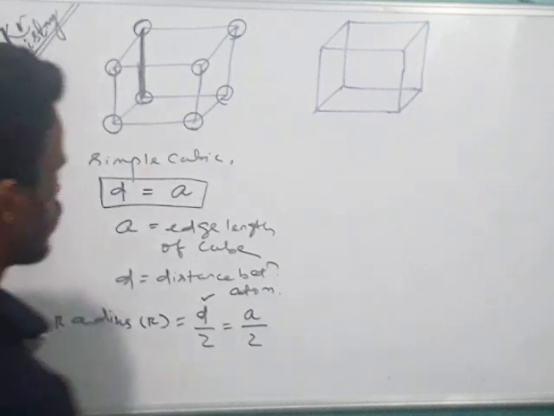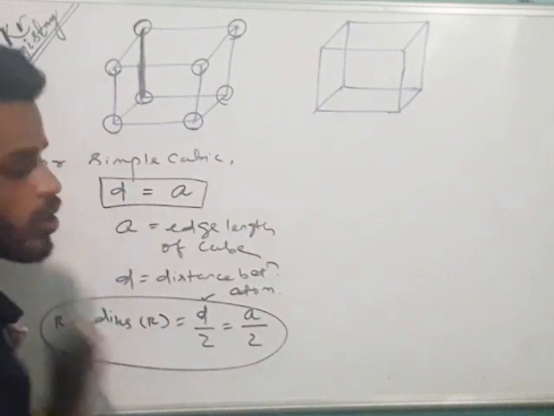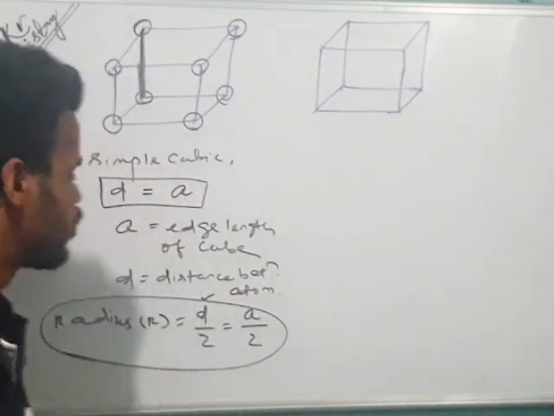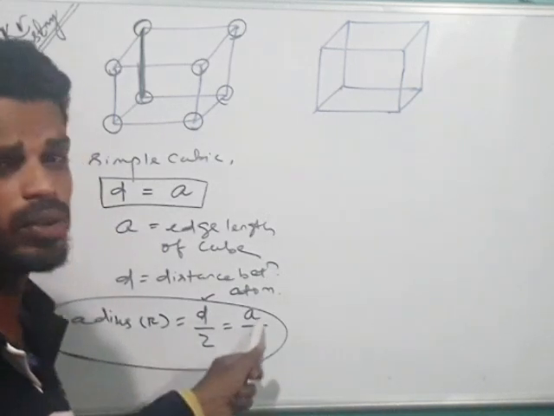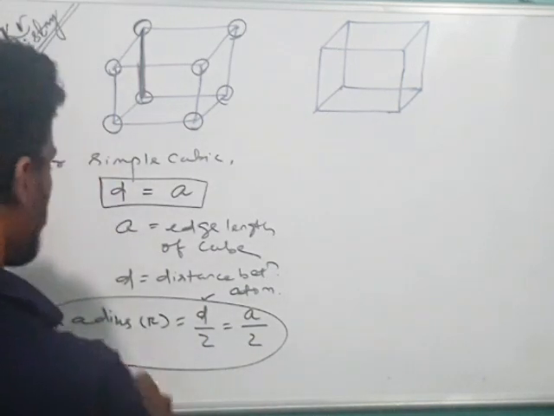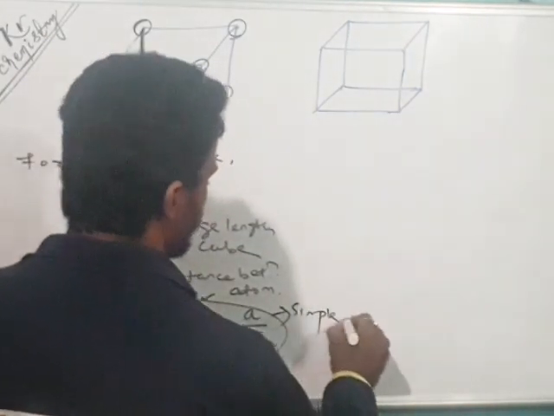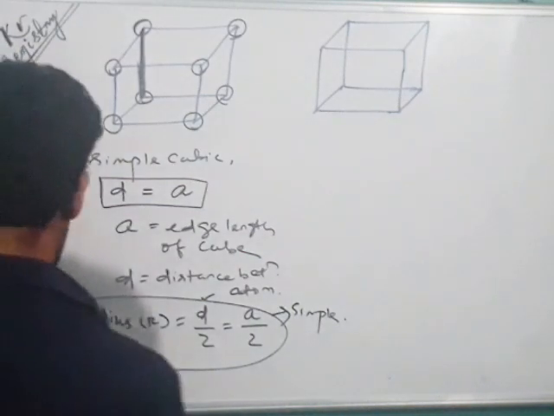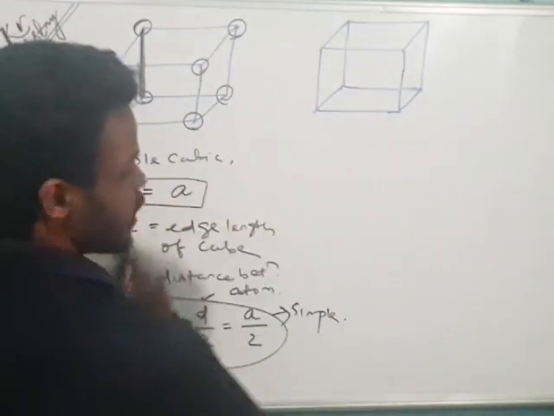So we find that the radius of the atom for a simple cubic crystal is r is equal to a by 2.